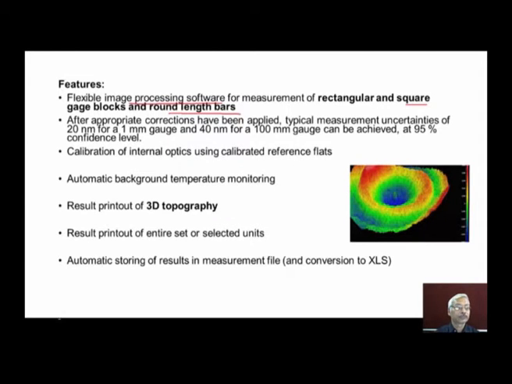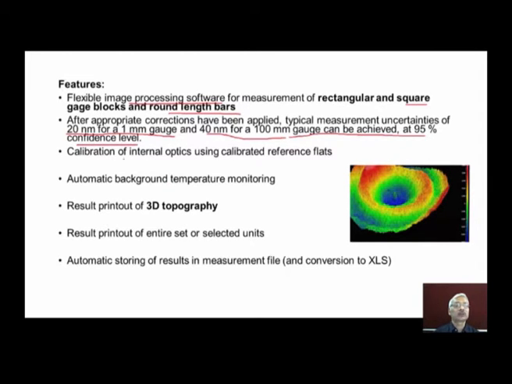And after appropriate corrections have been applied, typical measurement uncertainties of 20 nanometer for 1 mm gauge and 40 nanometer for a 100 mm gauge can be achieved at 95% confidence level.